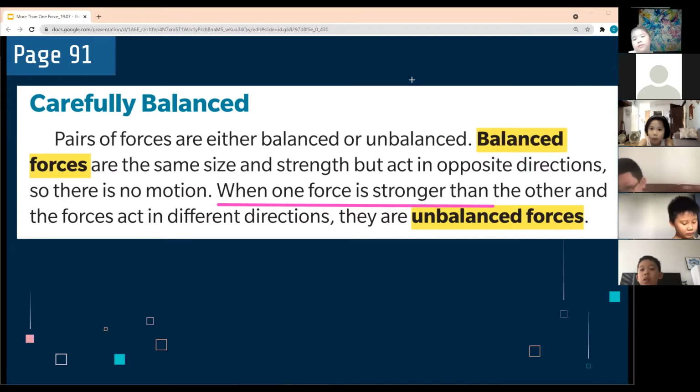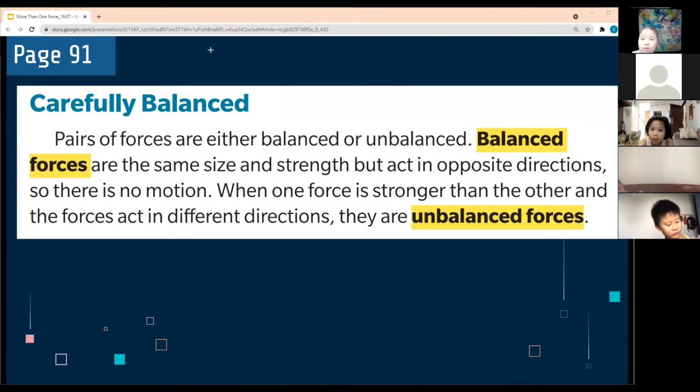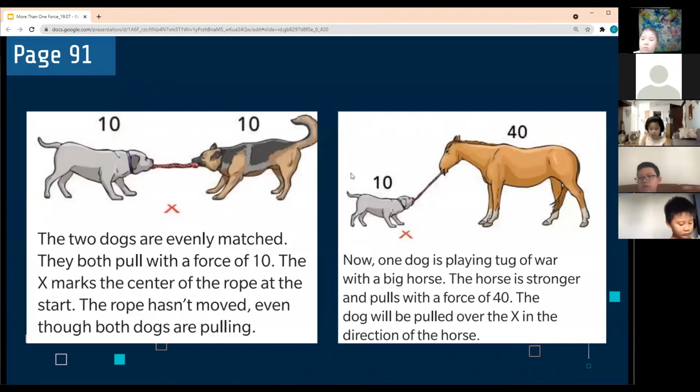When one force is stronger than the other and the forces act in different directions, they are unbalanced forces. Exactly. So this is kind of like the dog and the toy and the balanced rock example.